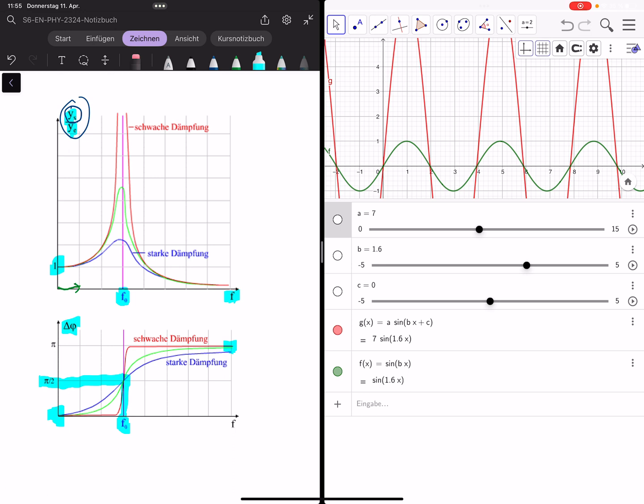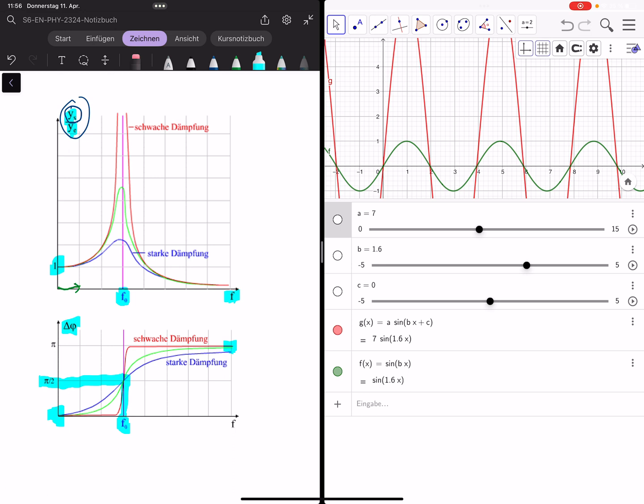When the swing is at its minimum, at the equilibrium, then the movement of our legs must reach its maximum, because at that time the velocity of the swing has a maximum and we want to accelerate.